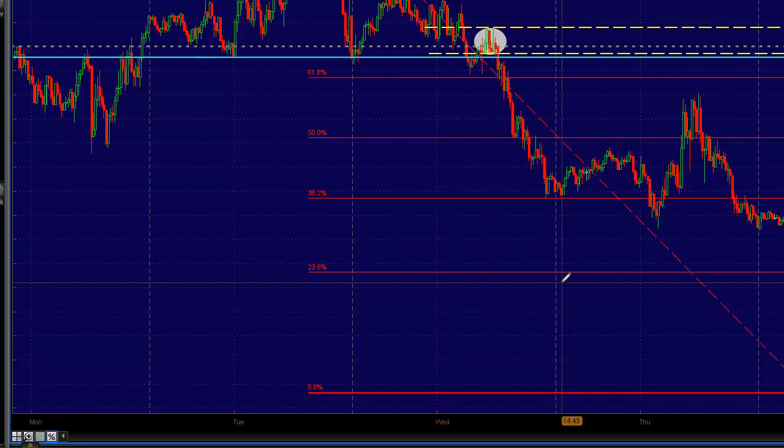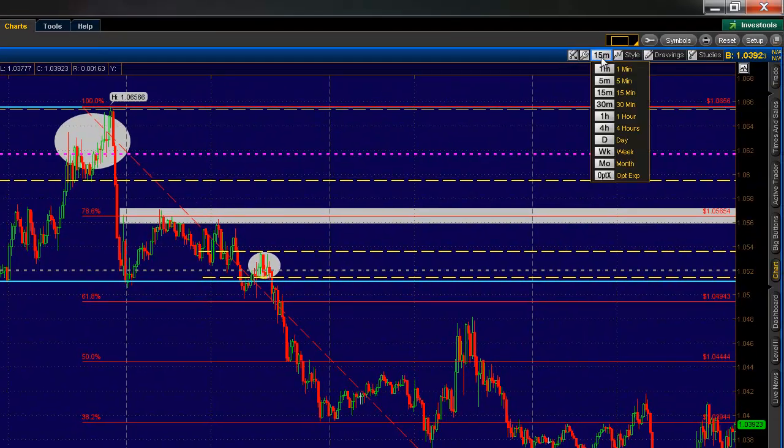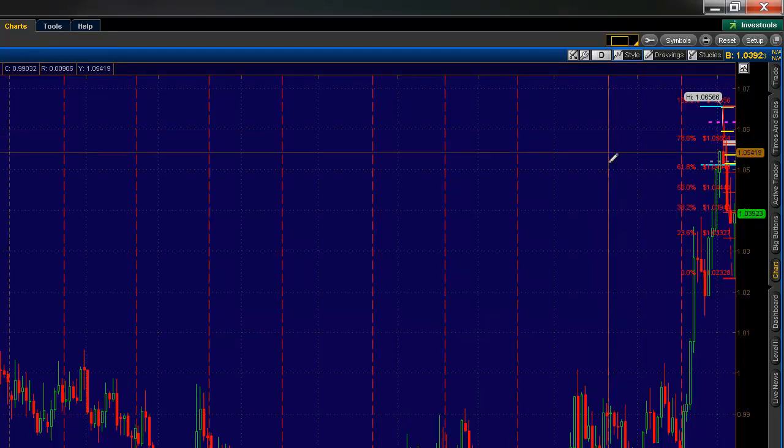If I were to draw any other real significant swing lows to swing highs, that's pretty much it. There's nothing really obvious on the intraday, and I don't focus on that, so I focus on the larger term.